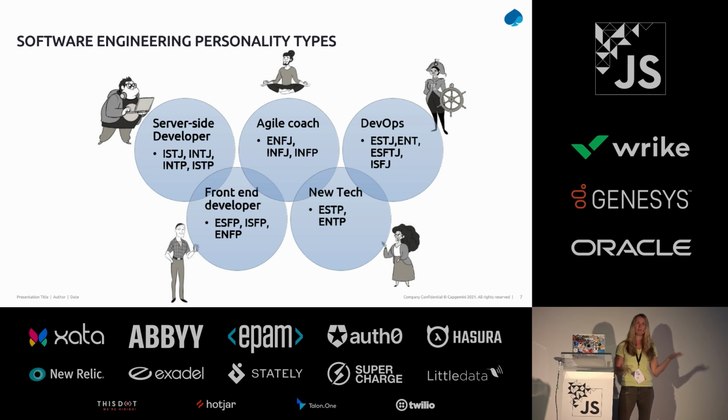Perhaps an agile coach, you're more balanced, you see the bigger picture. Perhaps you're DevOps and you like to be really in control. Or maybe you're really into new tech and you're really enthusiastic and outgoing about these things. So what I've built is a personality skill that will run through the Open Extended Jungian Type Scales questions and decide for you what kind of software engineer you might be.